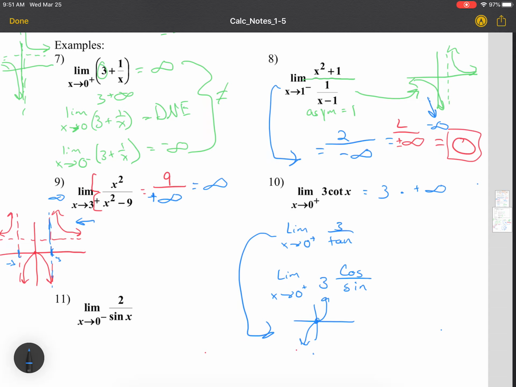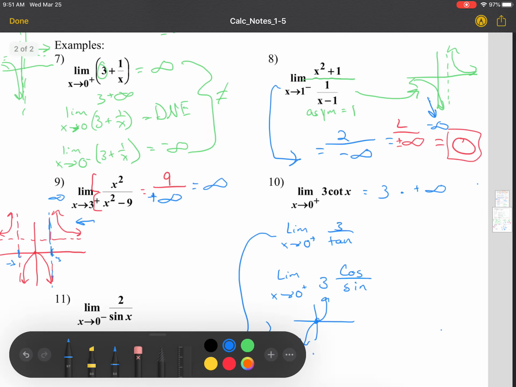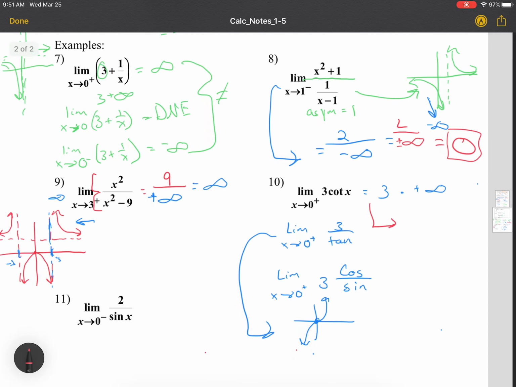So out of all this, you get 3 times infinity, so it goes to infinity.